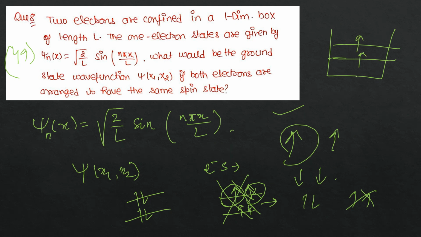Okay. And then what will be the ground state wave function for it? As electrons are fermions, this is n is equal to 1, this is n is equal to 2.